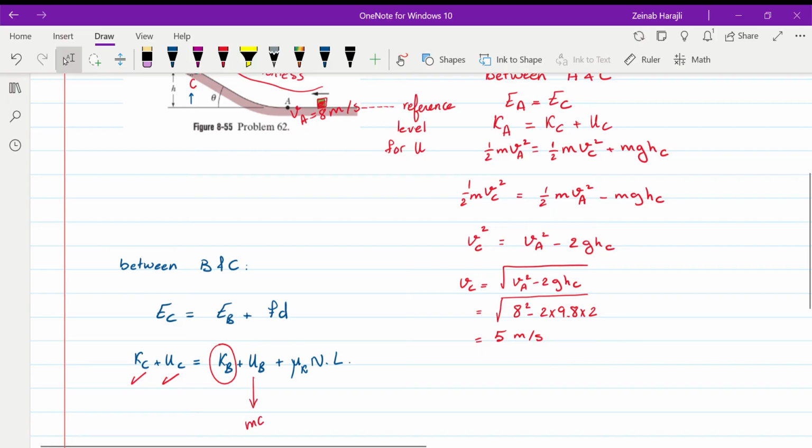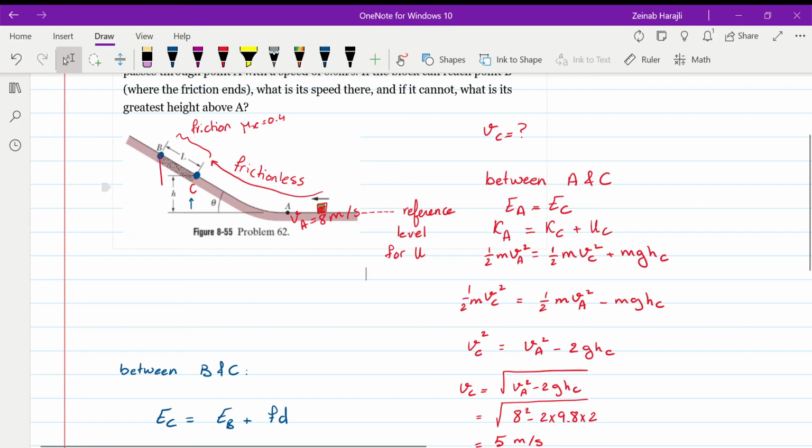This is m g h_B. If we look at the height at B, this is this whole value here, this is h_B. Now to find h_B, we can make use of the value of L that we have here. So we can write h_B to be equal to h_C plus this small extra height. So we can name this x.